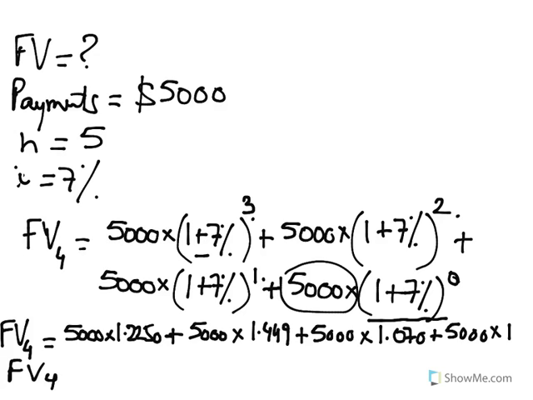Therefore, the future value in the fourth year of all these amounts, after multiplying these and adding them all up, is going to be approximately 18,122.